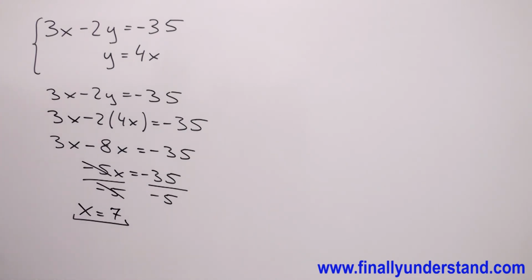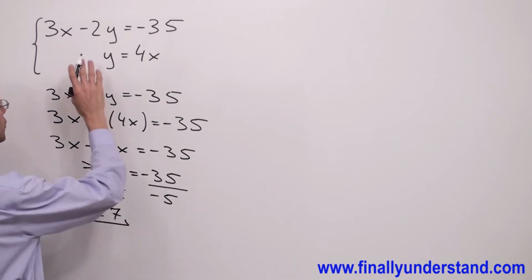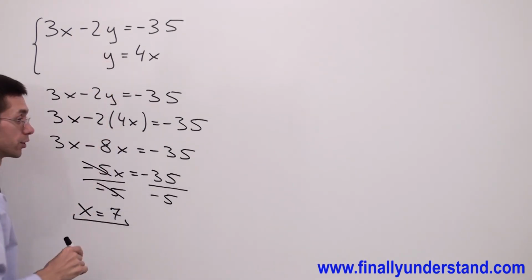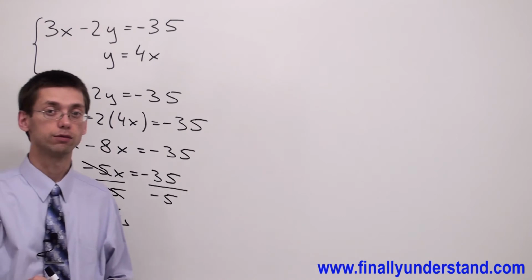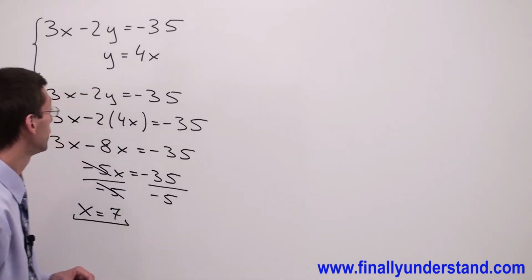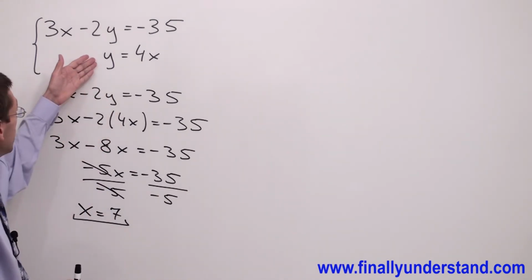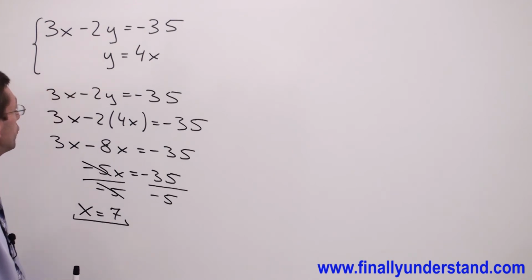In order to find the value of y, you're supposed to take one of these two equations and solve it for y. But please notice that the second equation is already solved for y.